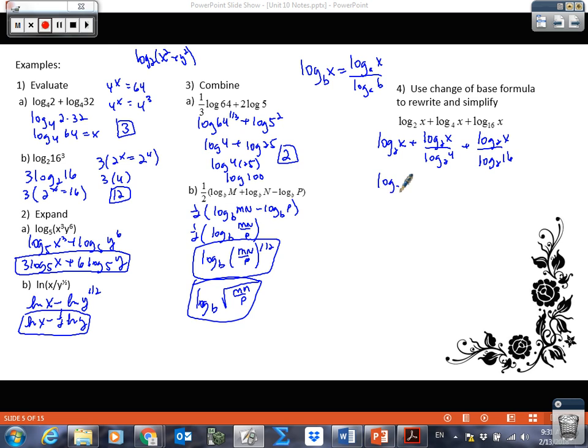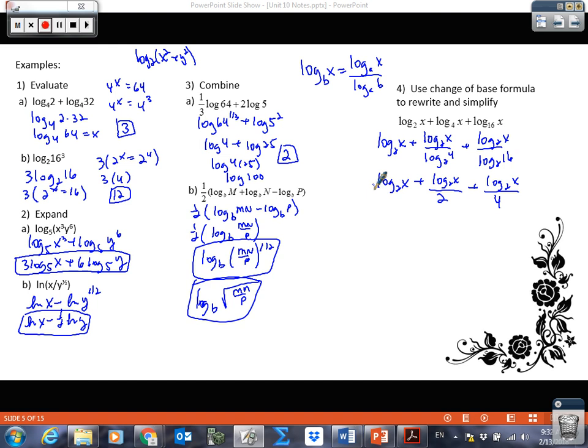So I have log base 2 of x plus log base 2 of x over 2 to what power is 4? Right, it would be 2, plus log base 2 of x over 2 to what power would give us 16? 4. Okay. So basically I have 1 log base 2 of x plus a half log base 2 of x plus a fourth log base 2 of x.